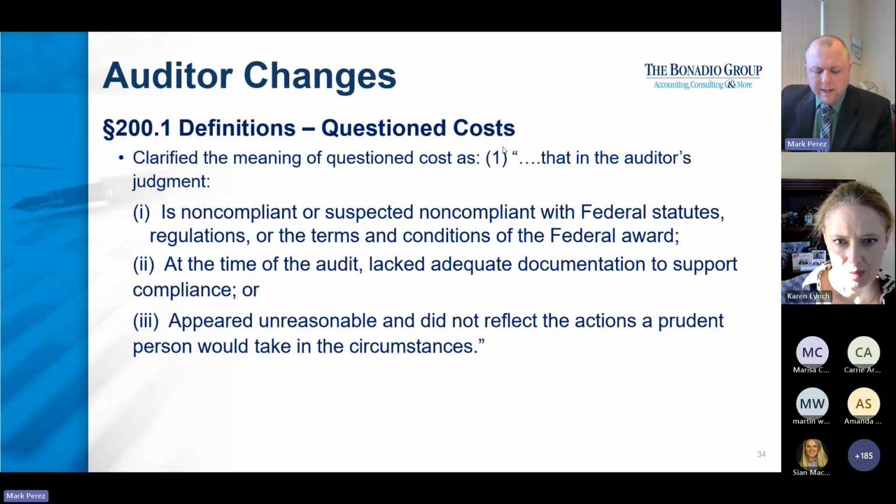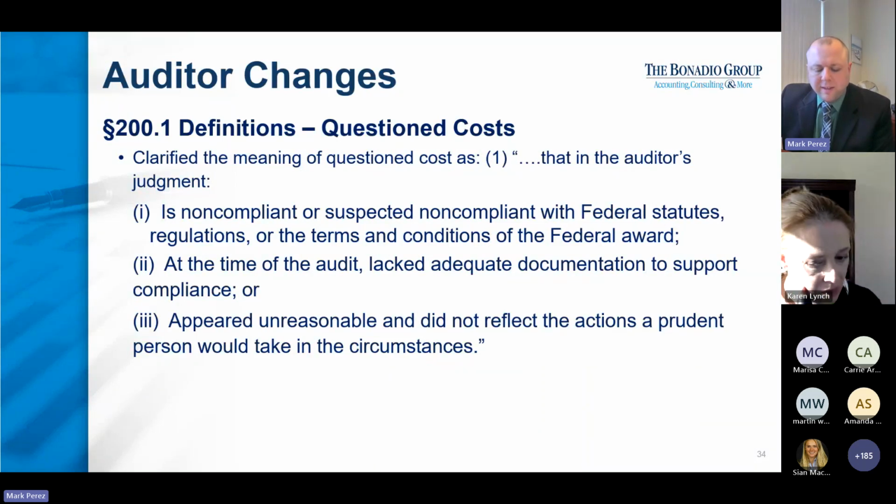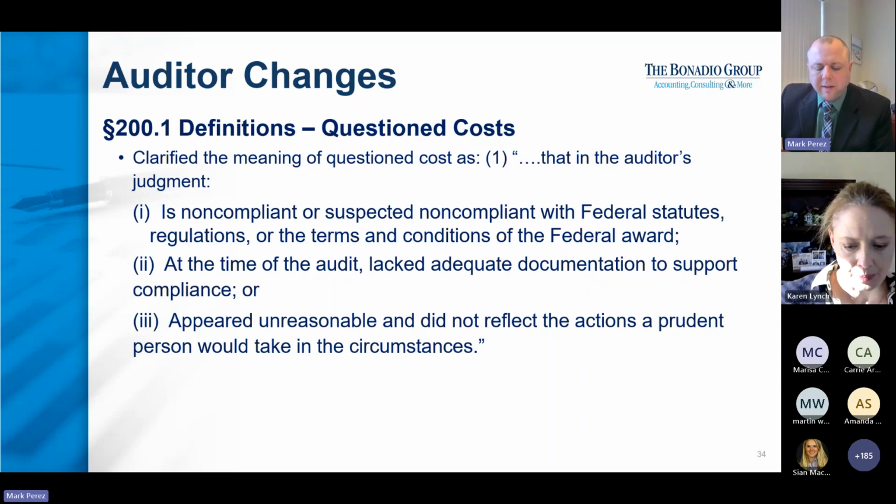Just a few quick definitions here. A clarification of the meaning of questioned costs. It's in the auditor's judgment if it is non-compliant or suspected of non-compliance with federal statutes, regulations, or the terms of the actual contract agreement you have.